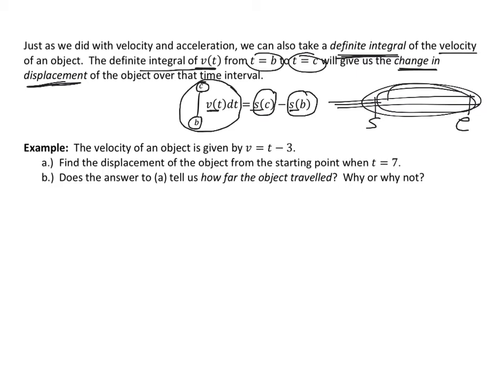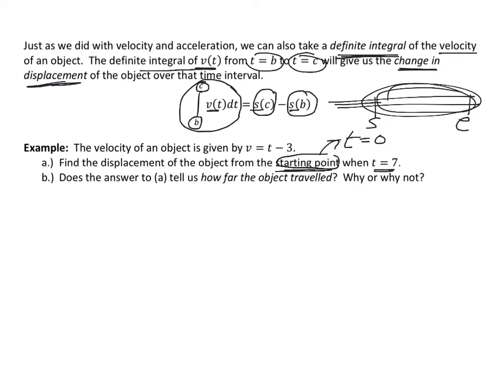Let's go ahead and look at that really quickly here. The velocity of an object is given by velocity equals t minus 3. Find the displacement of the object from the starting point when t equals 7. Well, what does starting point imply? Doesn't starting point imply that time is 0?